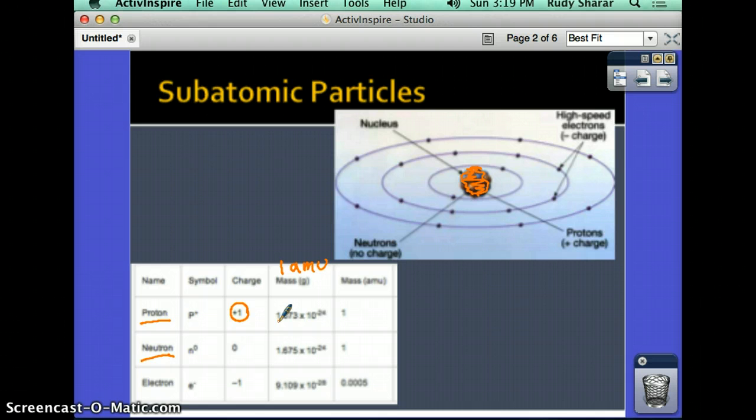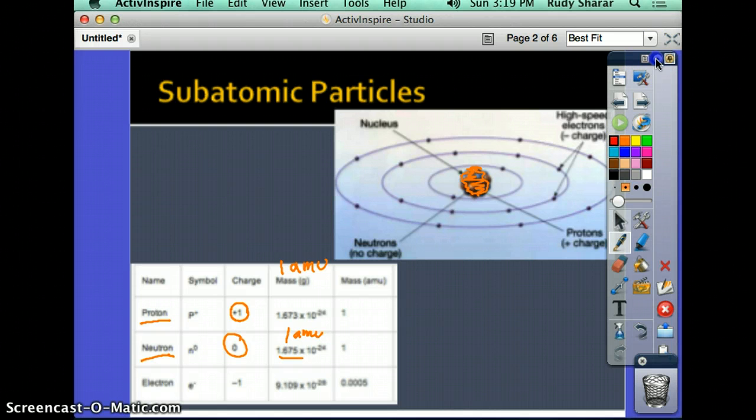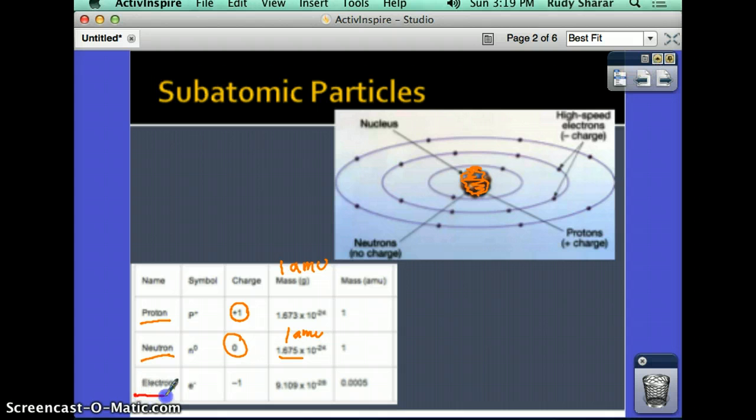But when we're comparing it to the mass of an electron and a neutron, which is more often, we can just refer to the mass of a proton as 1. The mass of a neutron, as you can also see, is also 1 AMU. The difference with a neutron, it is neutrally charged. It has no charge. But the electron, on the other hand, okay, is negatively charged.